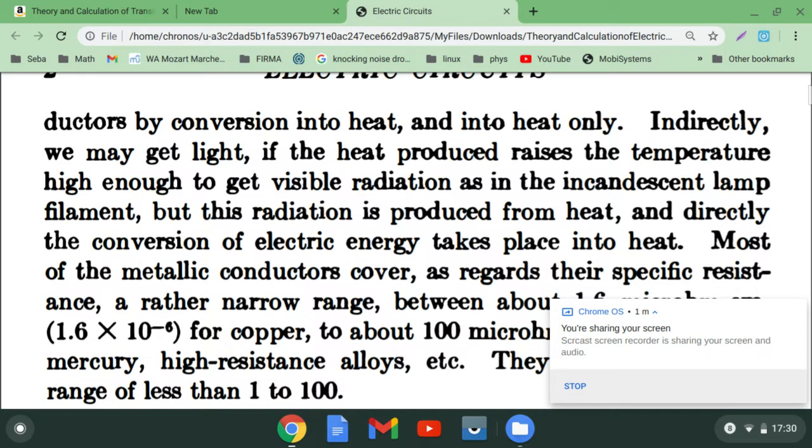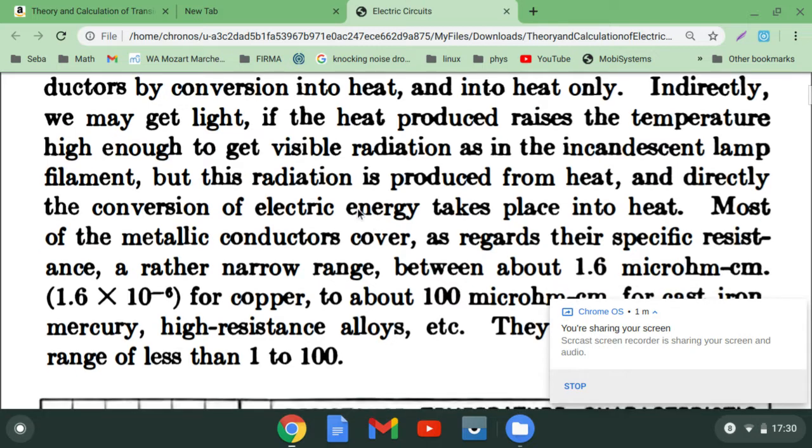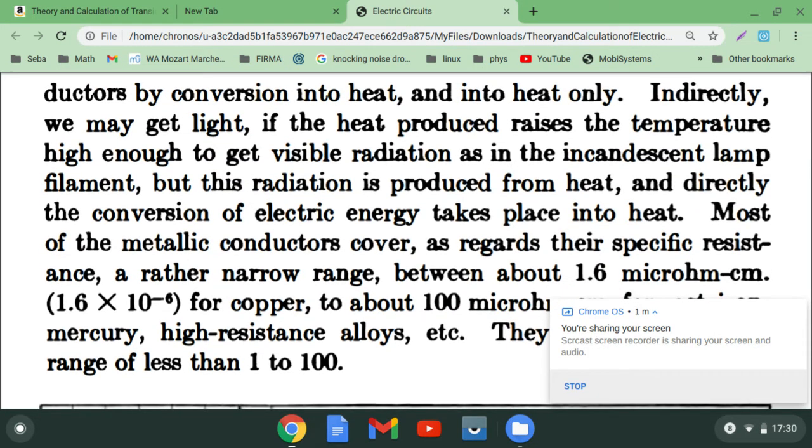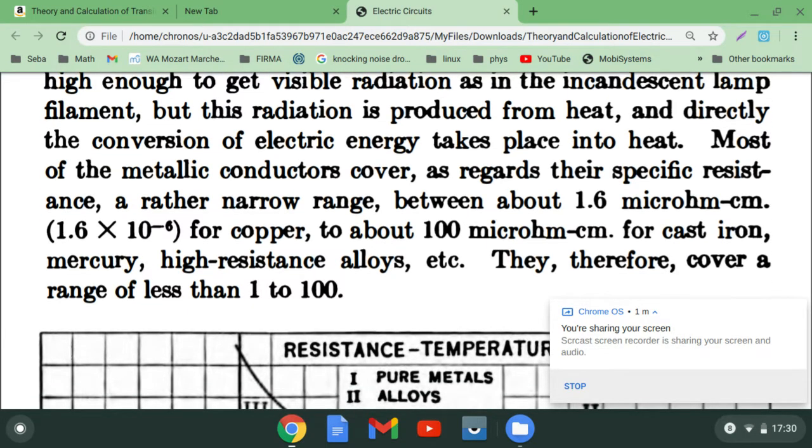Indirectly, we may get light if the heat produced raises the temperature high enough to get visible radiation, as in an incandescent light filament, but this radiation is produced from heat, and directly the conversion of electric energy takes place into heat.